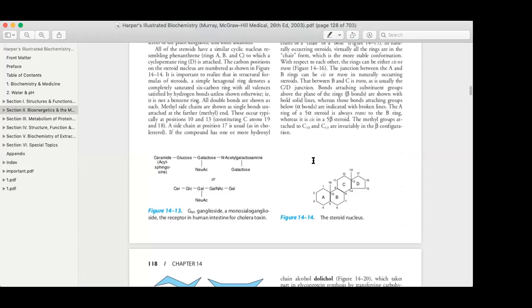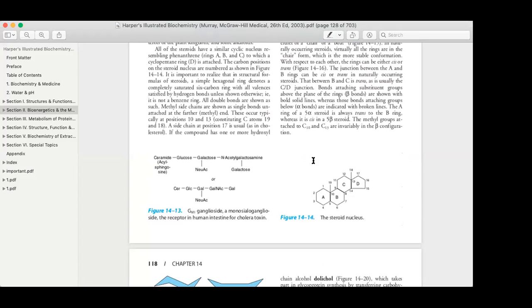Now I will ask some points from you, and please write it. Which of the following lipoproteins are rich in lipid content? Number one, HDL. Number two, LDL.